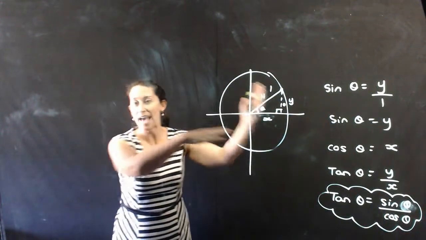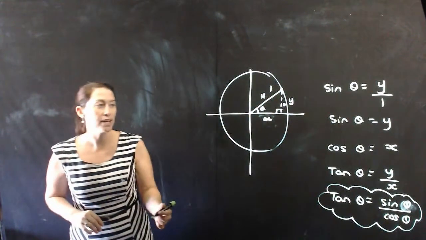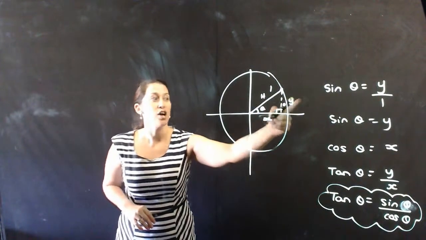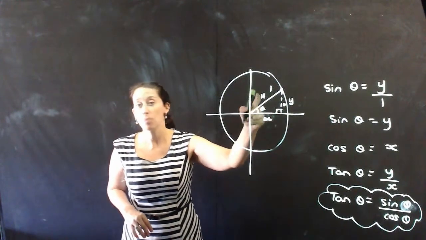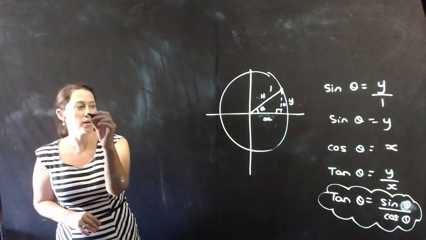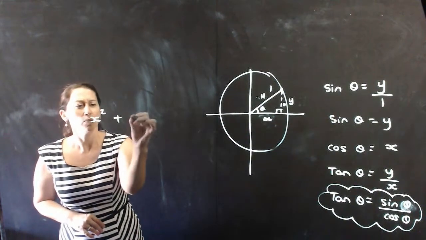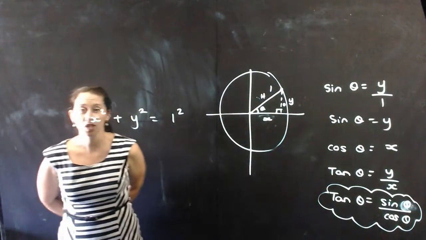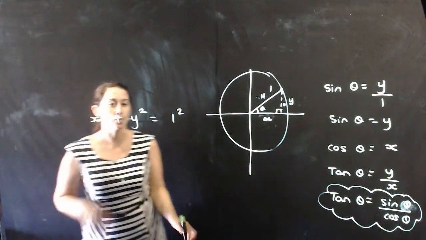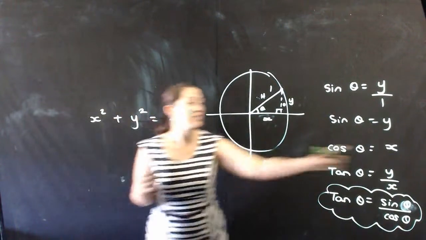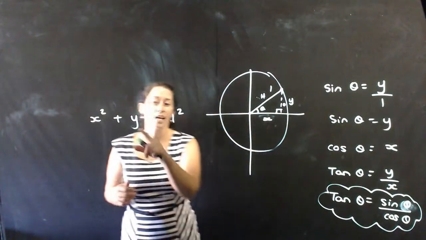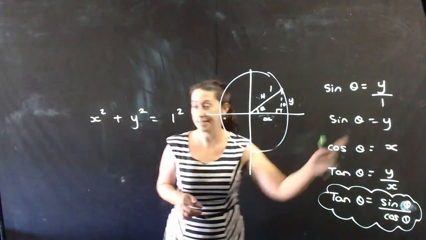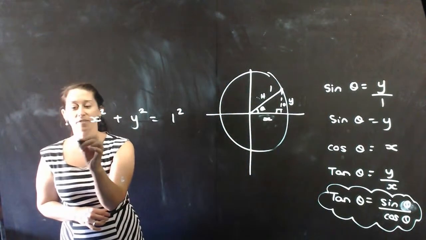If I put a, b and c onto this triangle, my a is x, my b is y, and my c is the hypotenuse. So I get x squared plus y squared equals 1 squared, because the hypotenuse is 1 since it's the unit circle. Now I've just established that x is equal to cos theta and y is equal to sine theta. So I can place those in for substitution.